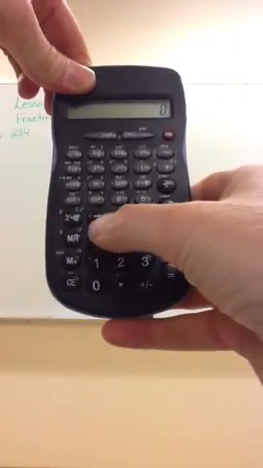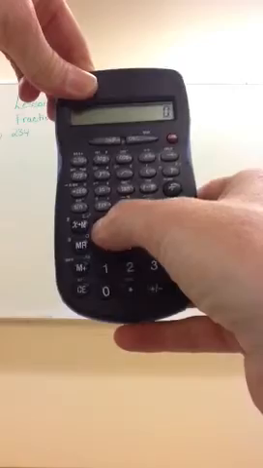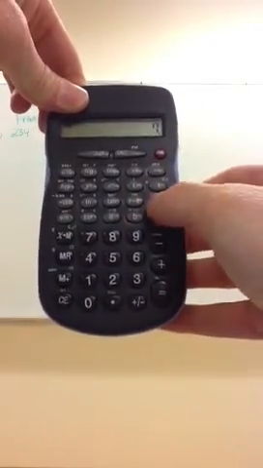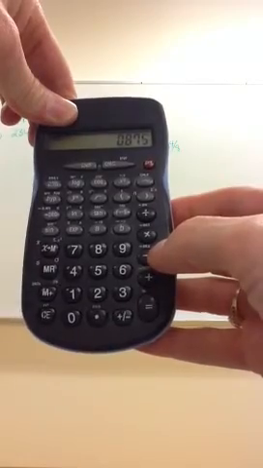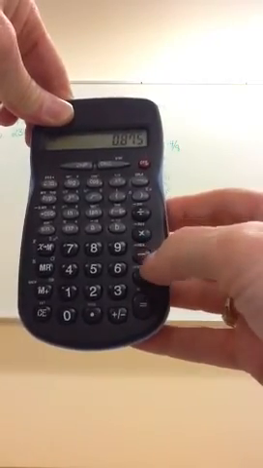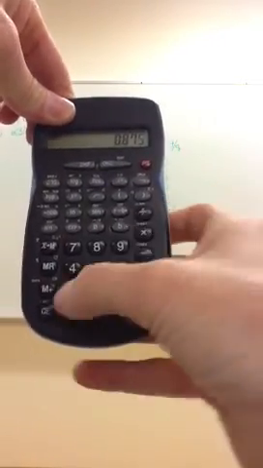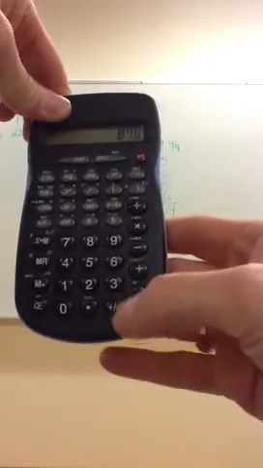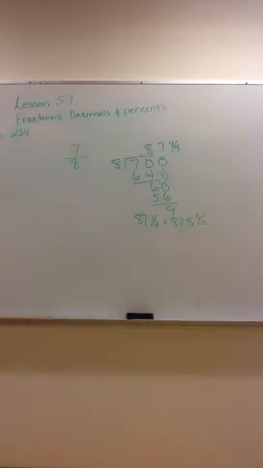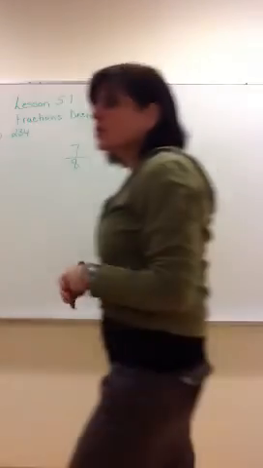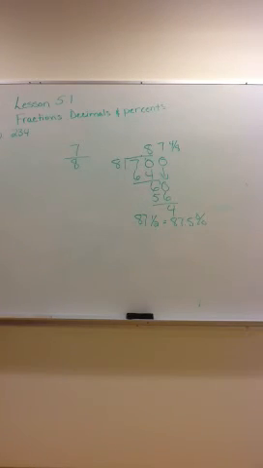And I would take 7 divided by 8 equals 0.875. Times that by 100. And that's your mark. That's it. So those are the two things we're going to do. We're also going to look at 100 charts, which I will show you in class.